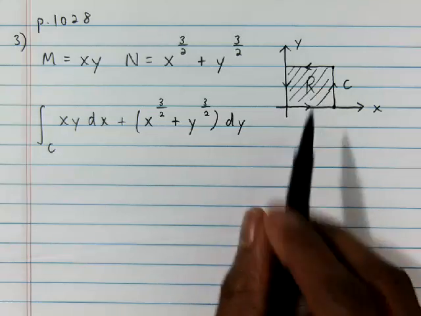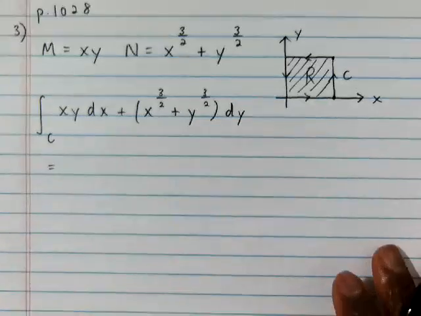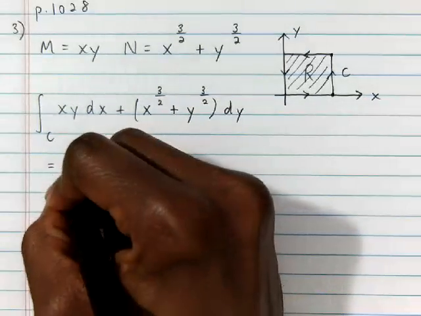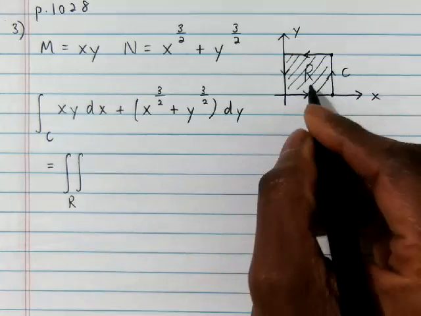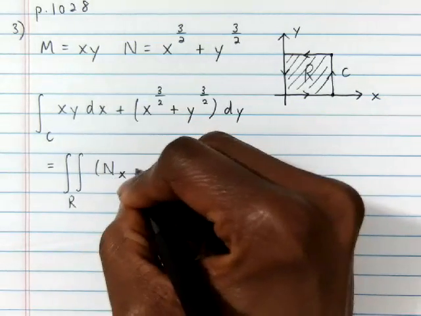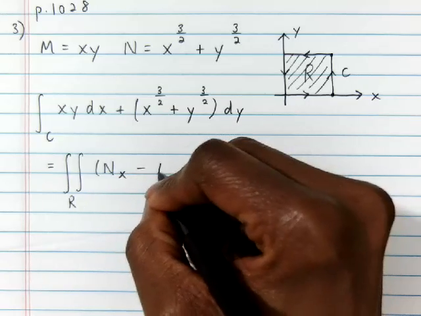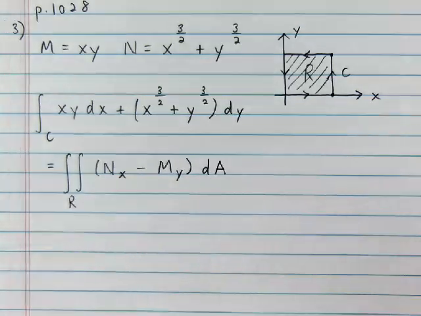So instead, we're going to use Green's theorem, which says this is equal to the double integral over that region R of the partial of N with respect to x, minus the partial of M with respect to y, dA. So we can do this instead.